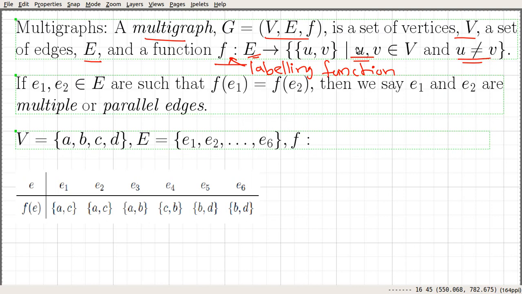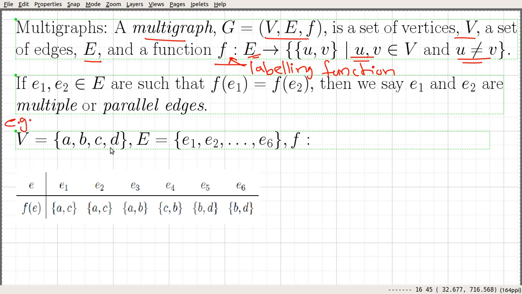It will become very clear when we go through an example. The multigraph is a triple V, E, f, where V is a set of vertices, E is a set of edges, and there is one more entry called the labeling function, defined from the edges to two-element subsets of vertices. To make this definition clear, let me go through an example.